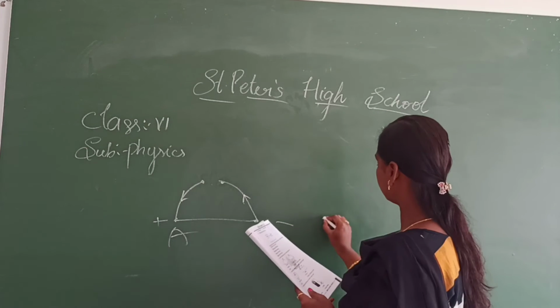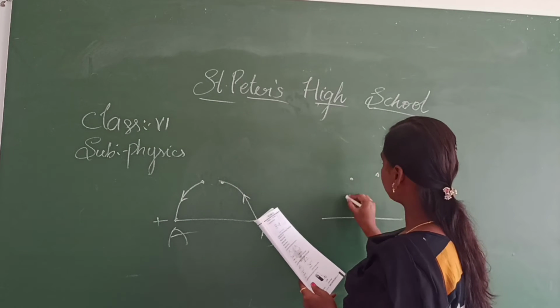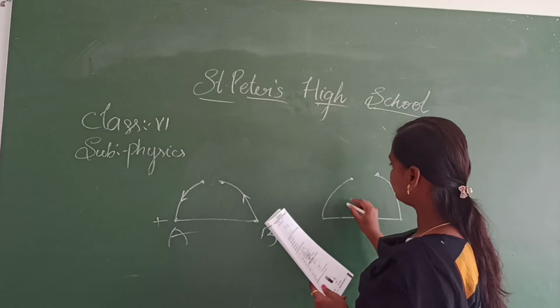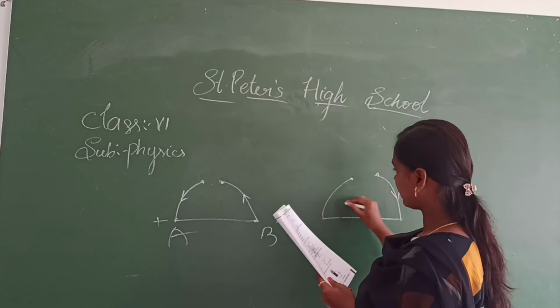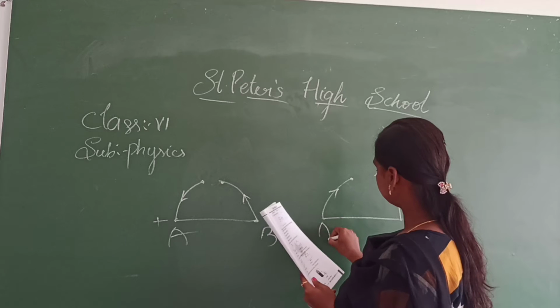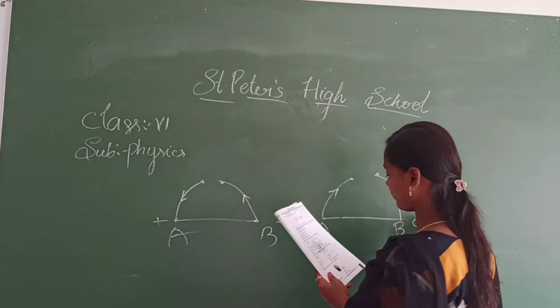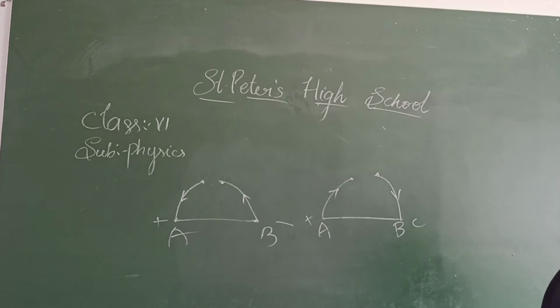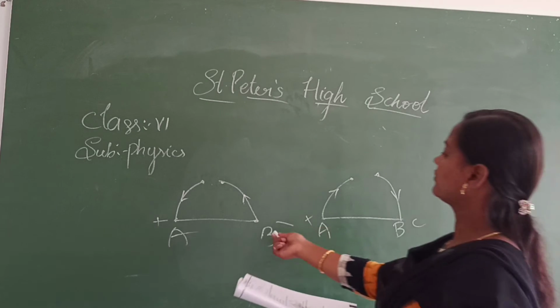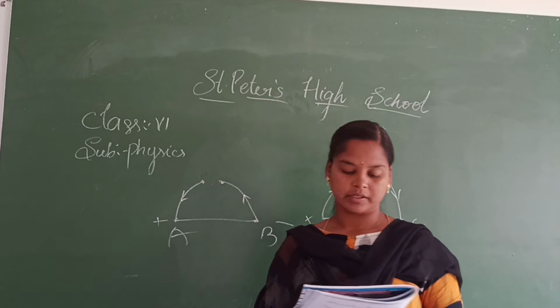And here, from positive to negative or from negative to positive? Which one? The current flows from the negative to the positive terminal. So it is from here to here. Okay. Next.